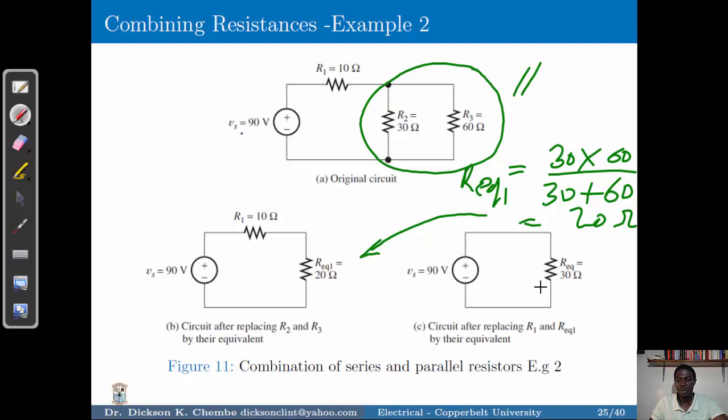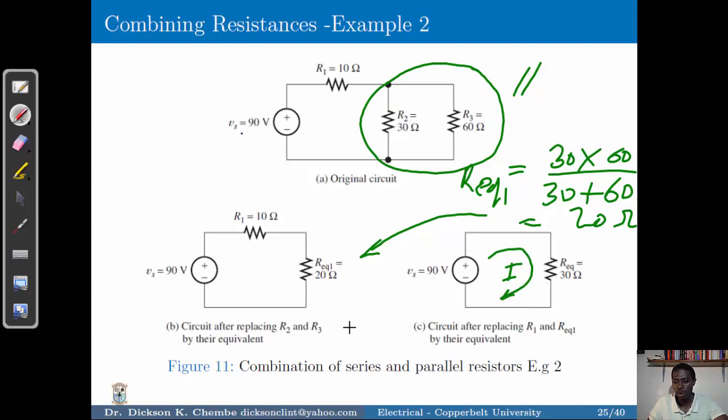After we find the total resistance in the circuit, we have a voltage source here which is 90 volts, and definitely there's going to be a current that will flow through this circuit in that direction from the positive terminal. If we say that is the current I, then it flows through the total resistance.